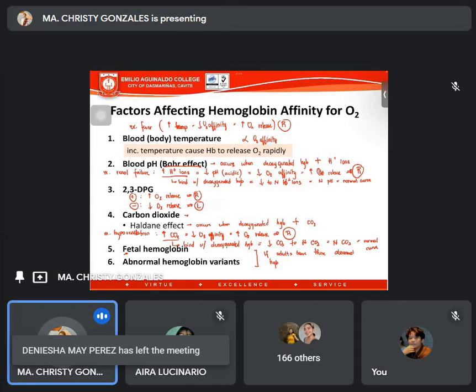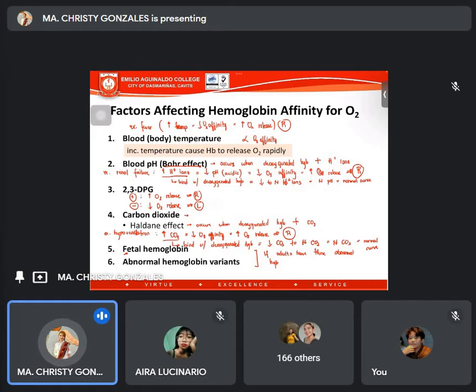It should only be less than about 1% in adult. Remember, yung ating proportion, it should only be less than 1%. Now, when it is present in adult in increased amount, okay, yung hemoglobin F has lesser capacity to transport oxygen.